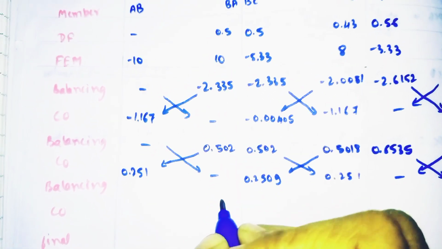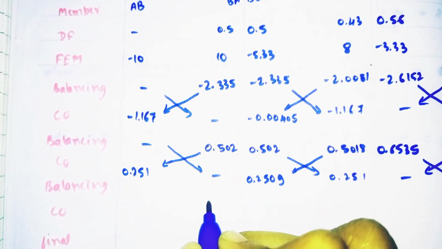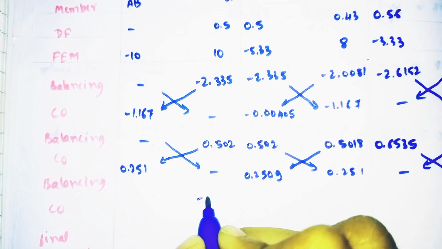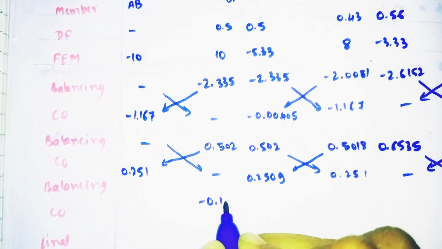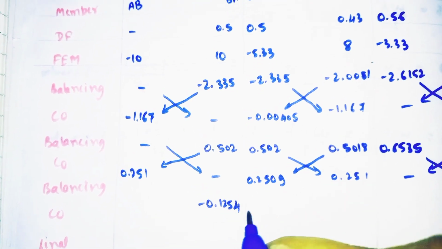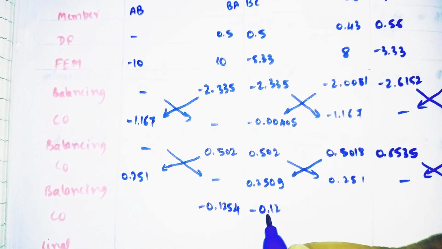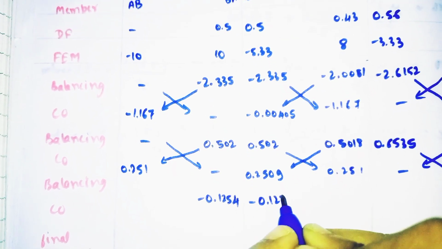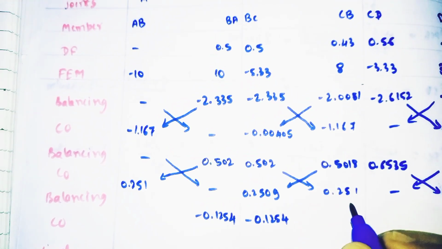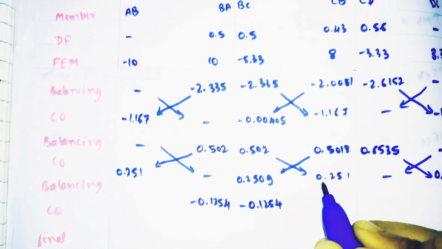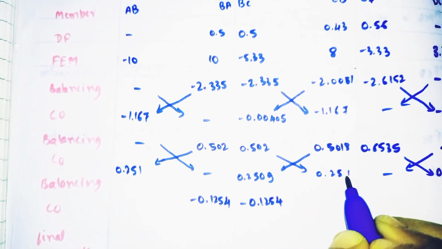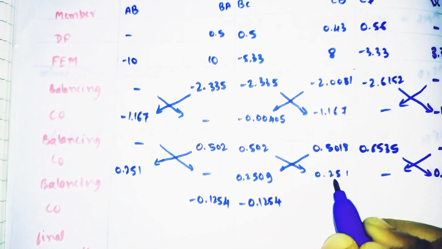So it will come out as minus 0.1254. Here also minus 0.1254. If we add here 0.251, it becomes minus 0.251.